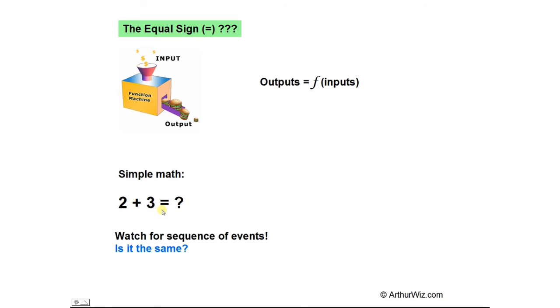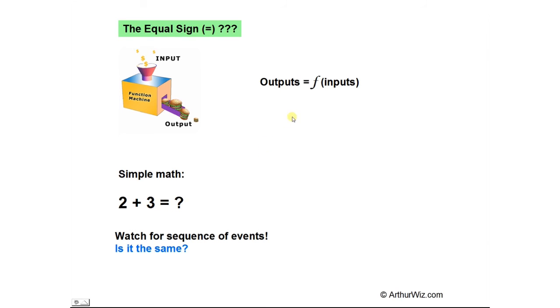In this case, it's 5. So let's watch the sequence of events. It doesn't look the same. In simple math, the result is on the right side of the equal sign, which is unknown. So you have 2 plus 3 first, then you have the result on the right.